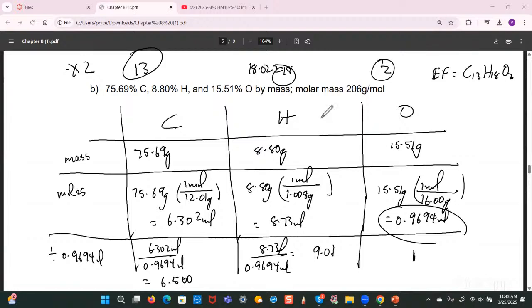And here's the hint right here. They gave you the molar mass, right? So we have the empirical formula, and they gave you the molar mass. So how do we get from the empirical formula to the molecular formula?